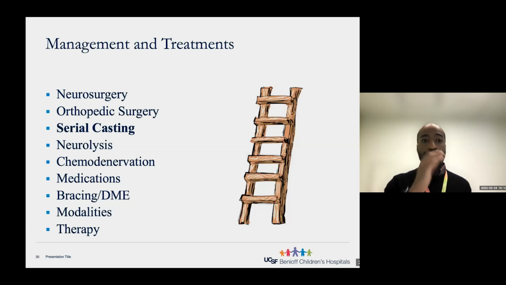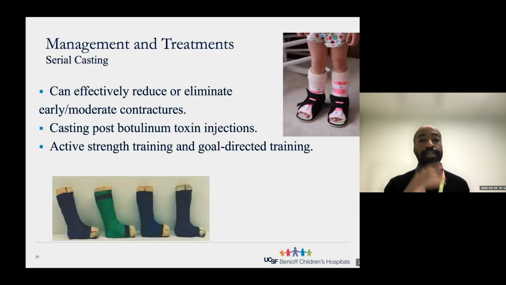The next intervention we'll talk about is serial casting. And Dr. Livingston spoke a little bit about serial casting as well. Serial casting combines two interventions at once. It has the bracing support and alignment feature, as well as the chemodenervation from botulinum toxin injections.